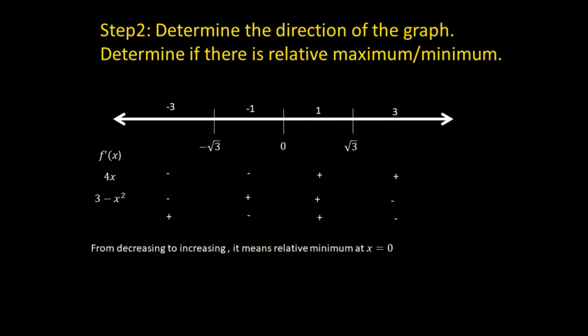From negative to positive, from decreasing to increasing, it means relative minimum at x is equal to 0. And for the next critical point, square root of 3, we have positive, then negative. From increasing to decreasing, it means relative maximum at x is equal to square root of 3.